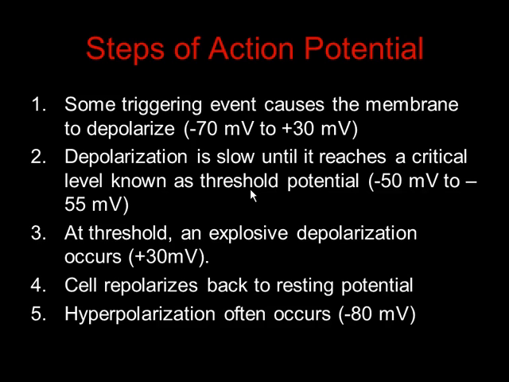Steps of an action potential start with some triggering event that we just talked about. It can be an electrical change in the area. It can be a stimulus poking. So some kind of a triggering event. The next thing that's going to happen is it starts depolarizing. When you trigger it, that event stimulates the neuron or the muscle cell or the cell in general. Now it's going to start depolarizing.